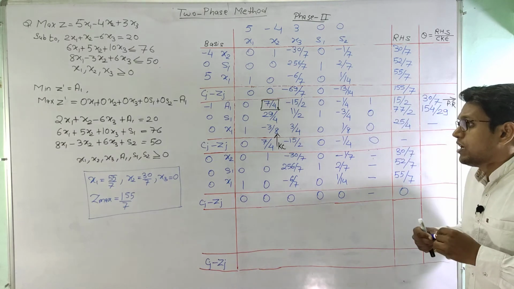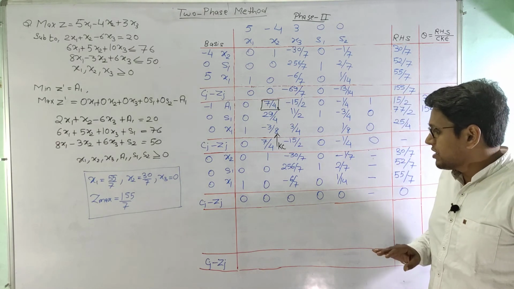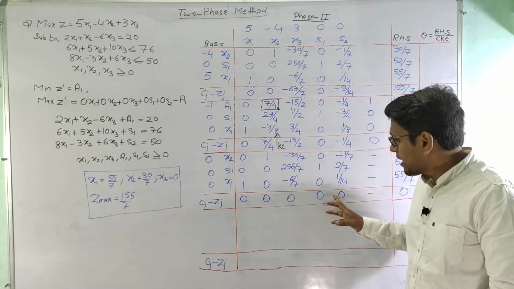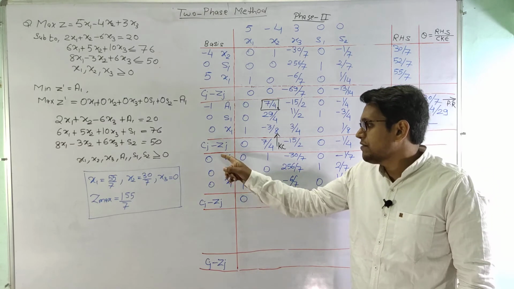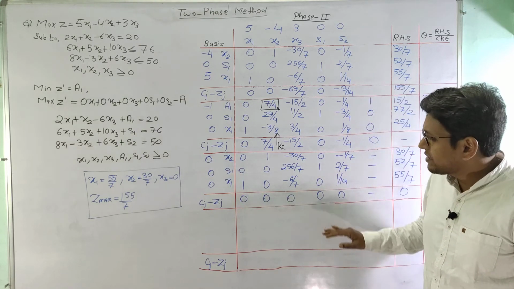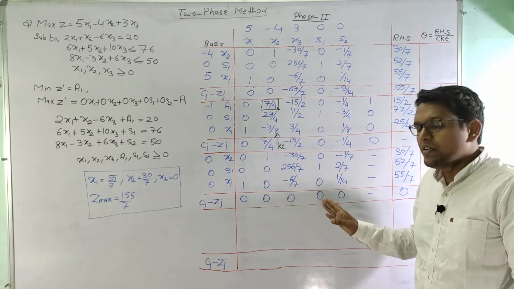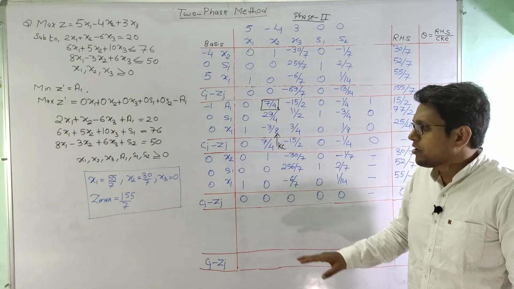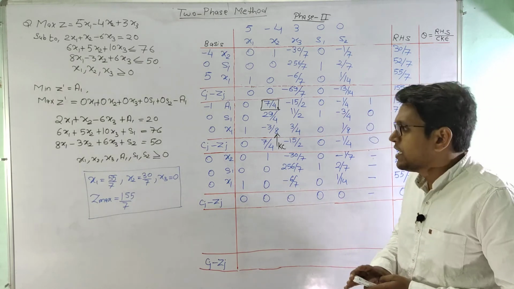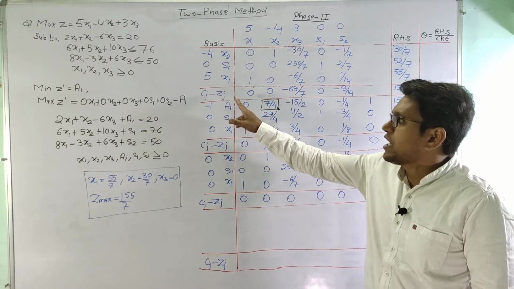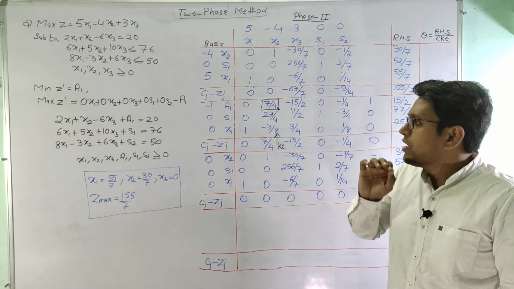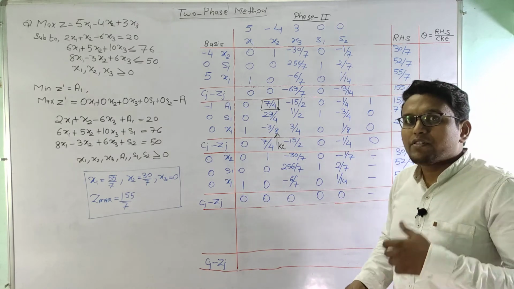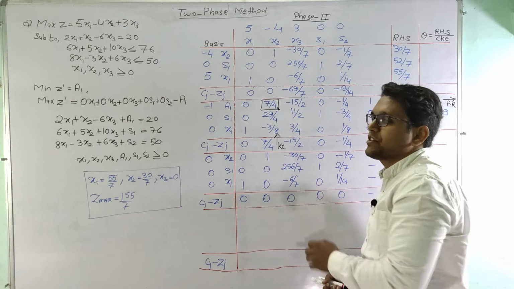And now we need to understand something, that at the end of phase 1 we can see that there are more zeros than we have variables in the basis column, and this does not mean that we will now enter any other variable here, because we need to understand this, that as soon as we eliminate our artificial variable, or the artificial variable attains the right hand side value as 0, we will stop iterating further.